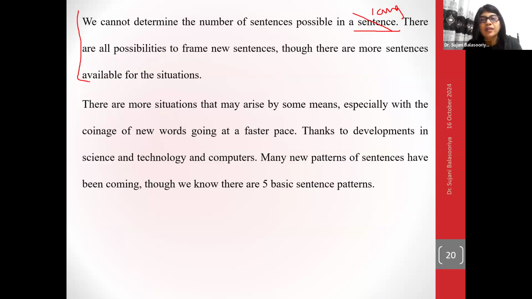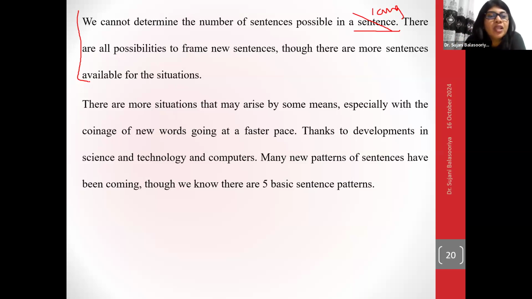However many utterances you create, all these utterances are governed by rules. So deliberately or without knowing, we produce new utterances still according to the existing grammar structure of the language. That is the point you have to understand.